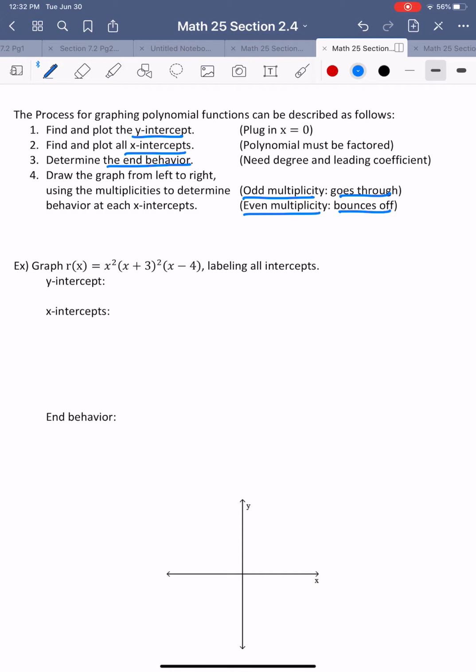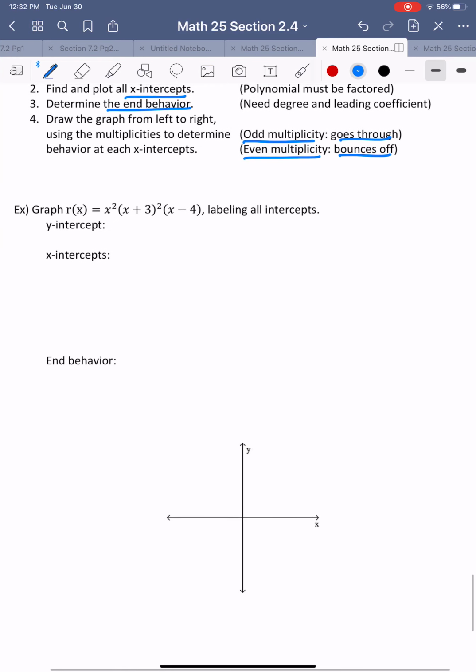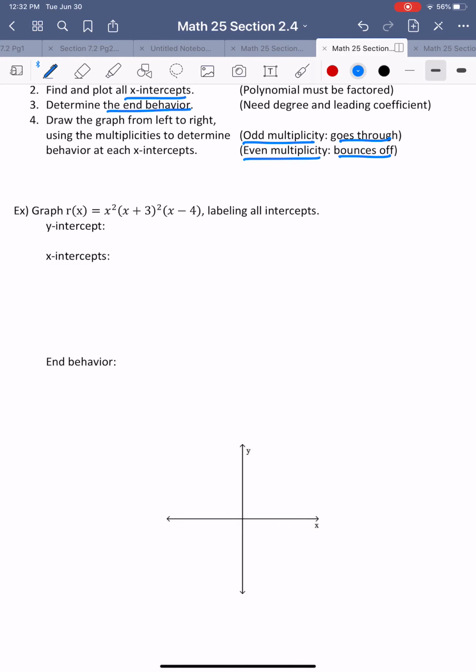So let's do the problem here. I have a factored form, which means for the y-intercept, I use x equal to 0. So 0 squared times 0 plus 3 squared times 0 minus 4 is going to be 0. So the y-intercept is 0, 0.